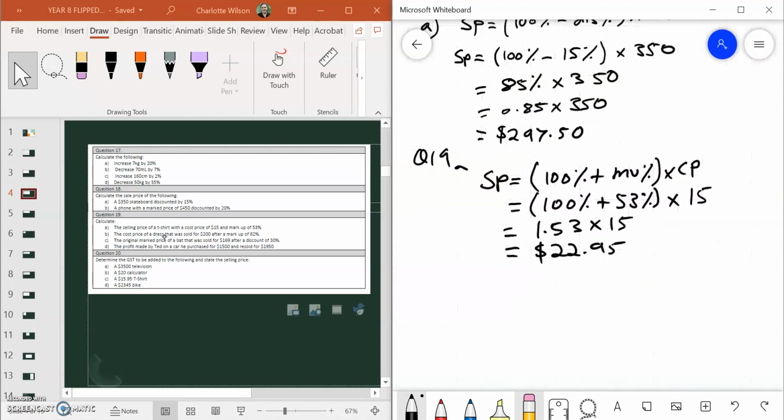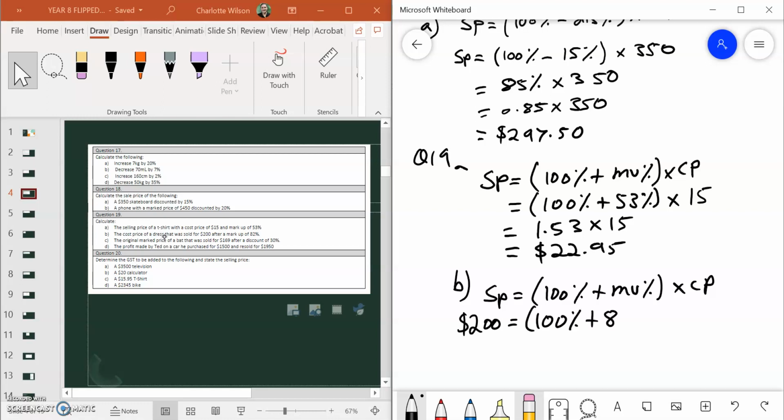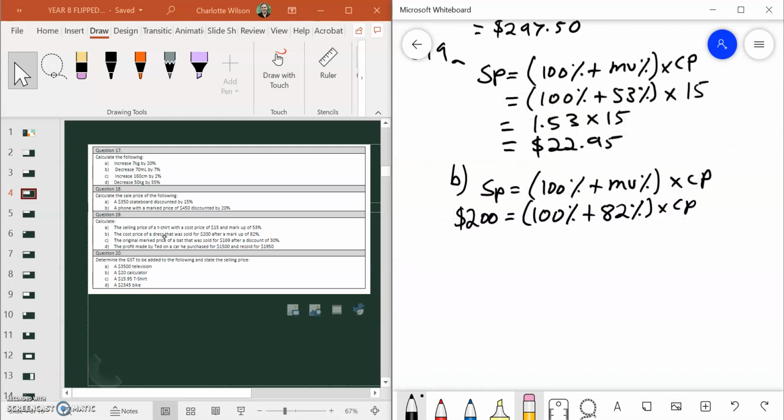Our next one requires us to work backwards. So it wants us to find the cost price. So again, we write our formula. So sale price equals 100% plus the markup percentage times by the cost price. But this time it tells us that it was sold for $200. So that's our sale price on this side here. So we've got 200 equals, and it tells us that our markup was 82%. And then we don't know what our cost price is. So we now have 200 equals, now 100 plus 82% is 182%, or 1.82.